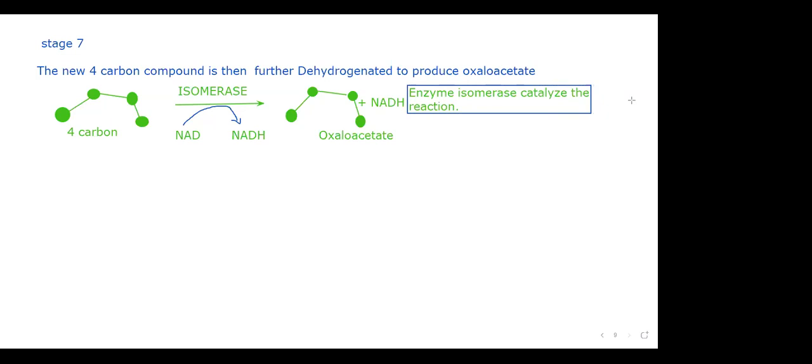Now, in summary, the cycle can then continue again. Why should it continue again? Because we did this for only one pyruvate molecule, remember? However, for glucose, there are 2 pyruvate molecules. So it should continue once again, right?